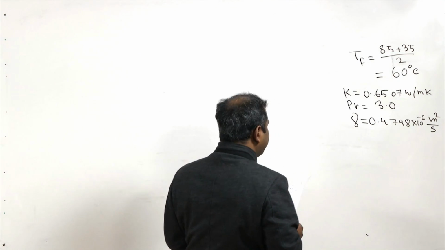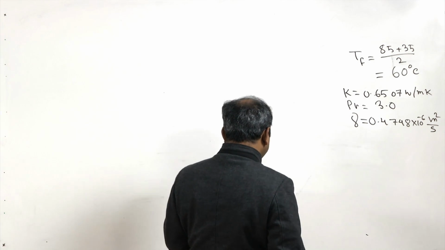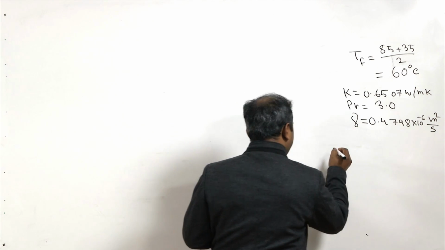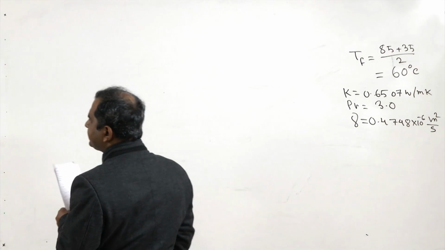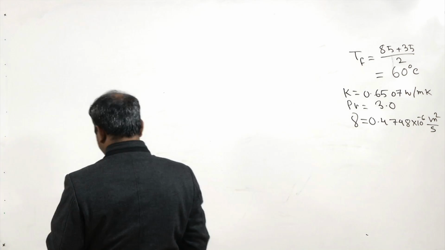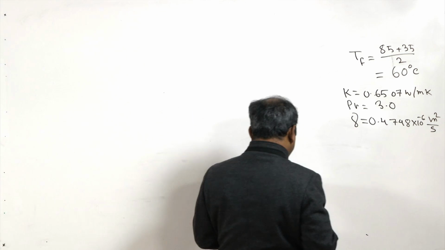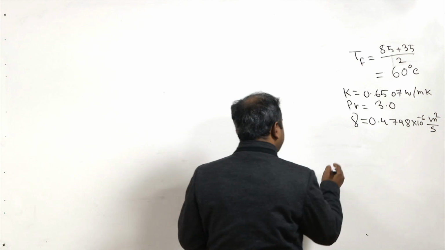And next let us first find out the Reynolds number. As we have two cases, 7.5 and 75, let me first find out at 7.5.